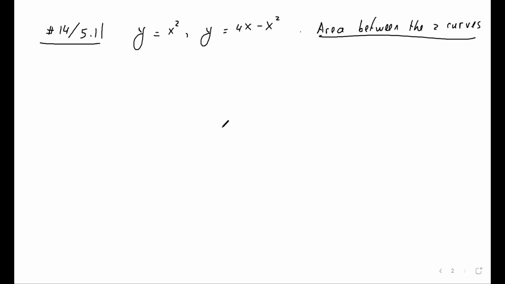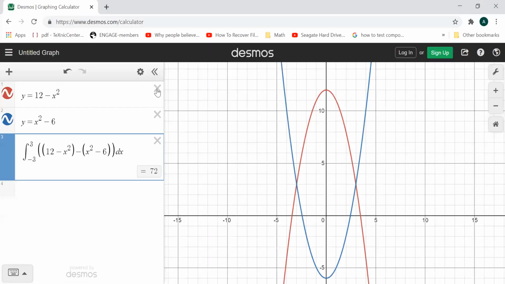So again, we do have to figure out what the corners of this picture are, and for that I am going to look at Desmos again. So I am going to pull Desmos here. All right, so we are looking at the following different functions.